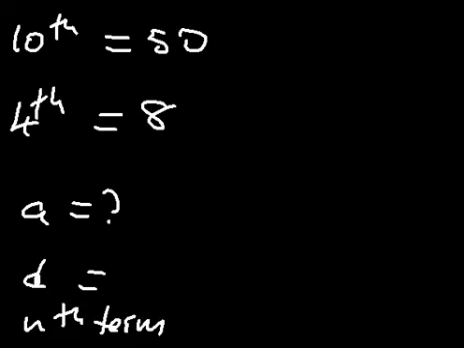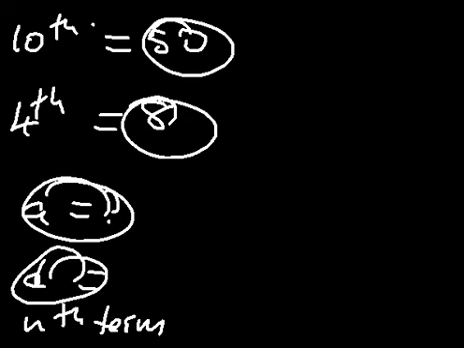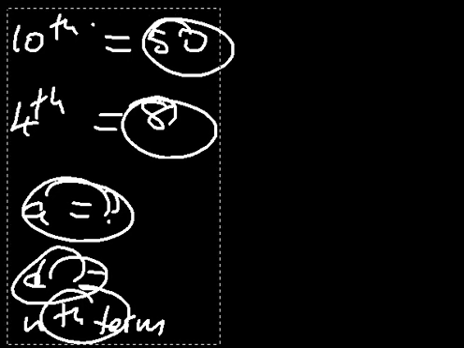For a certain arithmetic progression, the 10th term is given as 50 and the 4th term is given as 8. What is the first term, common difference, as well as the nth term formula for that particular case?